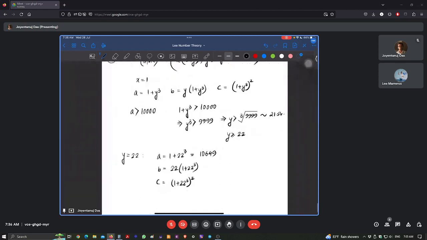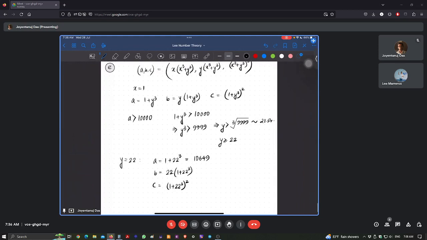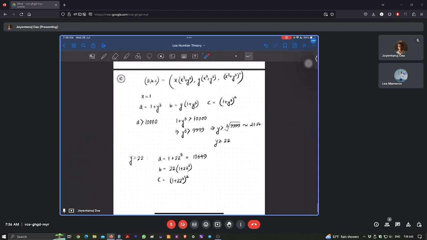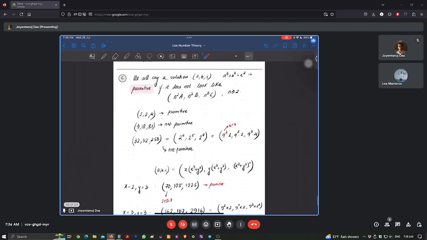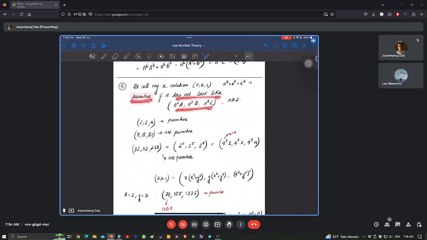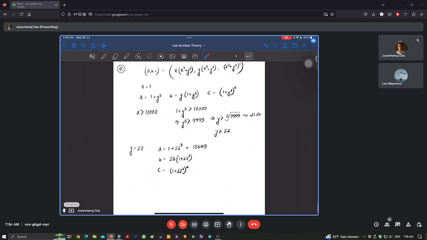This is primitive because you are not getting any common n square term. It does not look like this. You cannot get a square term common out of 1 plus y cube, because of the form of 1 plus y cube. So this is an example of a solution where a is strictly greater than 10,000, and this is the solution.